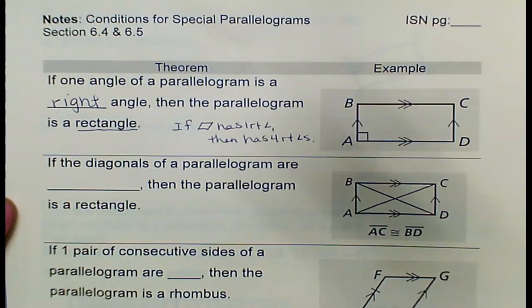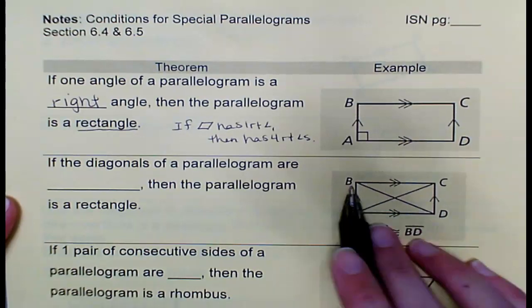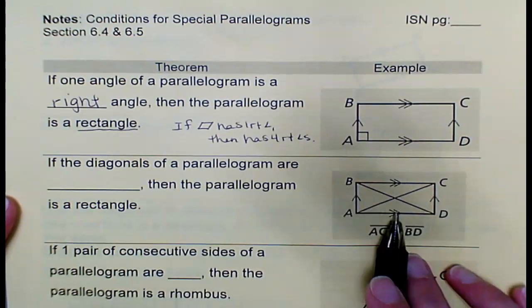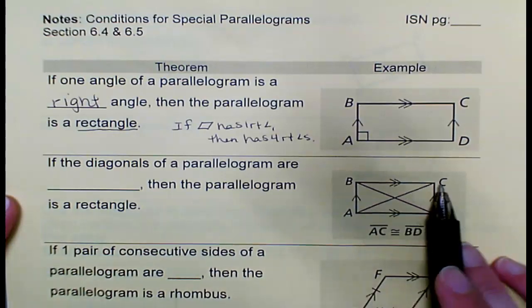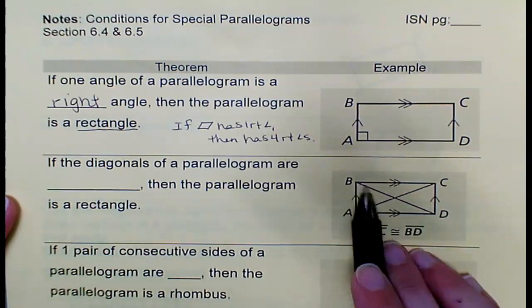The second theorem says, if the diagonals of a parallelogram are blank, then the parallelogram is a rectangle. I know this is a parallelogram again because it satisfies the definition of a parallelogram. And it says that segment AC is congruent to segment BD.